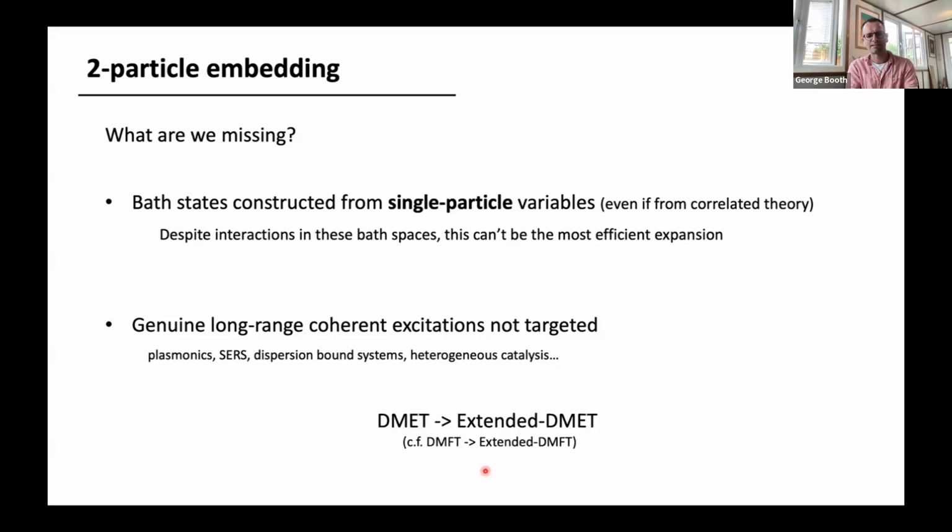And what I'm going to talk about next, really, if you're comfortable with the idea of going from DMFT to extended DMFT, which is a two-particle self-consistent extension of DMFT, then we can think about the same thing here. How do we go from DMET, where we're algebraically constructing bath spaces in order to conserve one-body descriptions of observables of fragments? Can we go to now a two-body analog of this process?